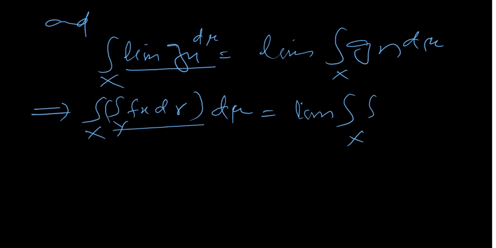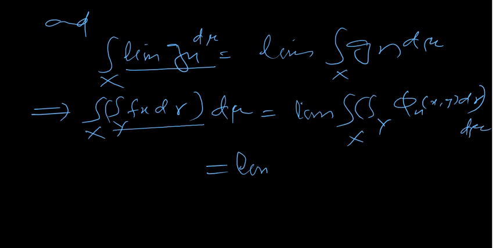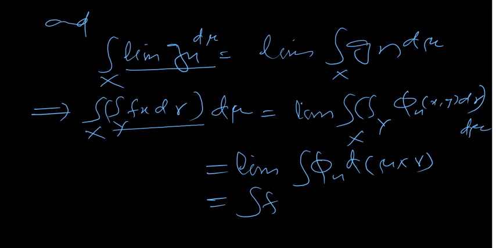It's the integral over y of the function phi n of x comma y d nu, then d mu, and that's equal to the limit of the integral of phi n d mu cross nu, because we know that for step functions their iterated integrals are equal, and they are equal to the integral of the function over the product space. Okay, and this limit is equal to the integral of f d mu cross nu.